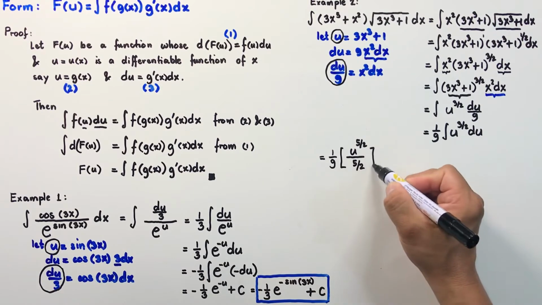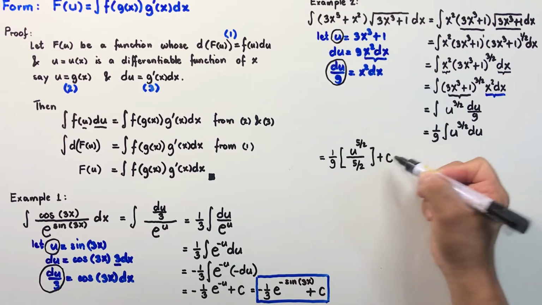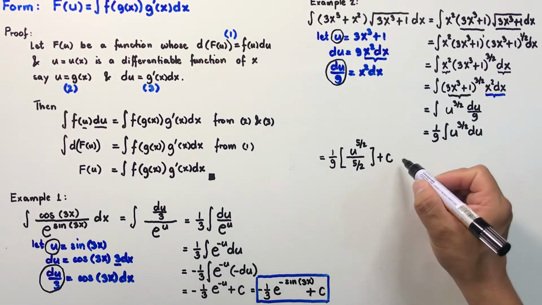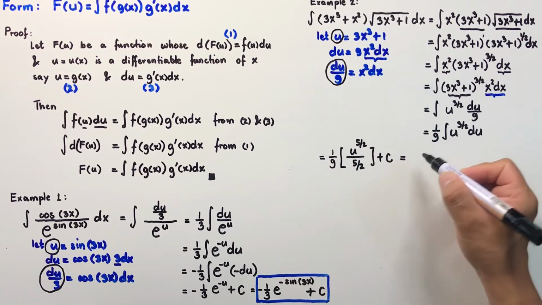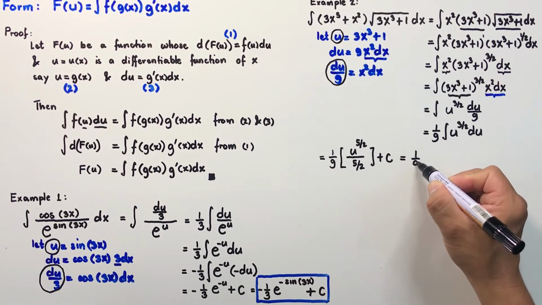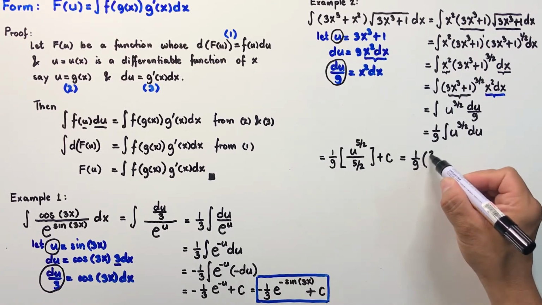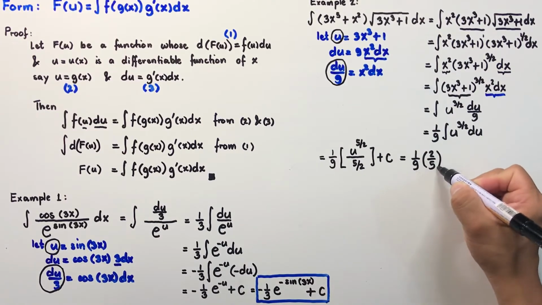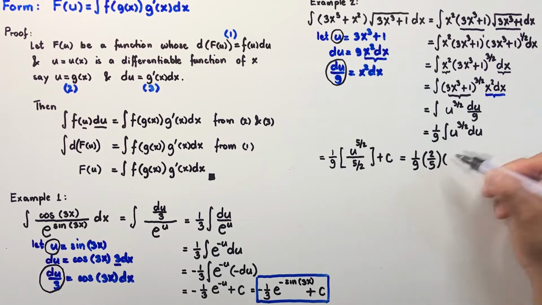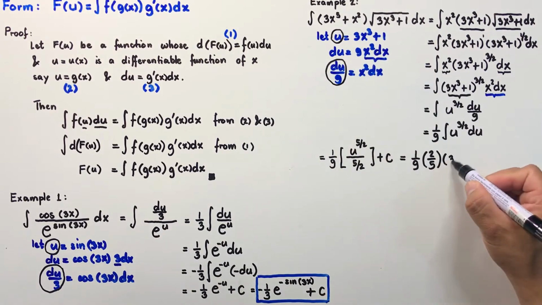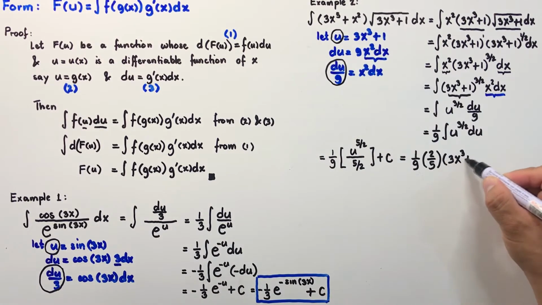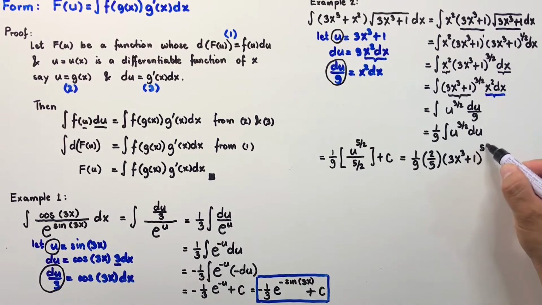And this is added to our constant of integration c. And performing simple arithmetic here, we have 1/9 times the reciprocal of 5 halves, which is 2/5 here. And this is multiplied by our u, which is 3x cubed plus 1 raised to the exponent 5 halves. And this will be added to the constant of integration c.